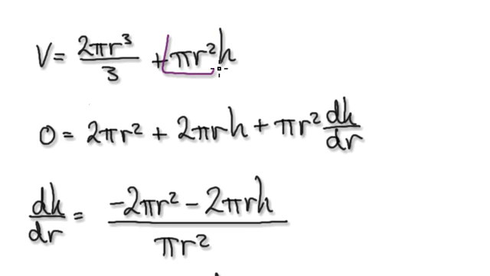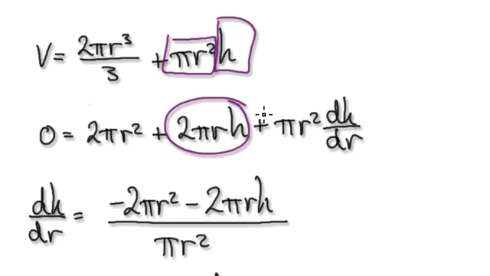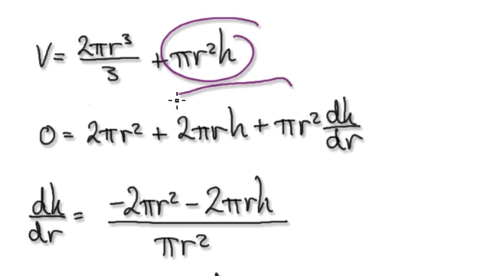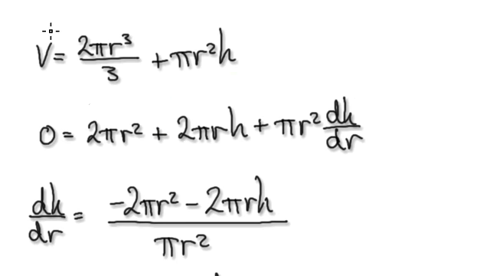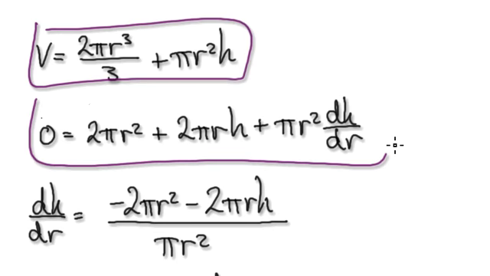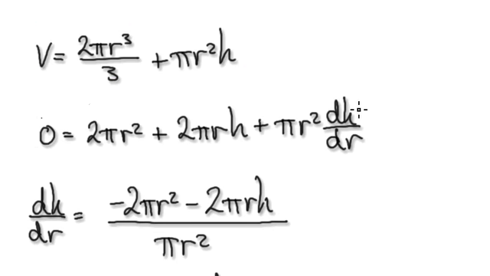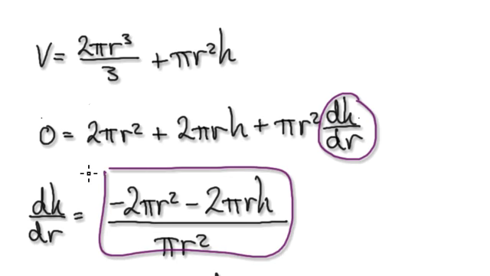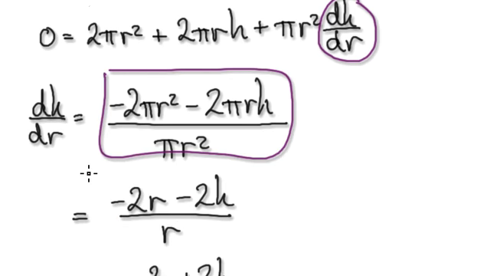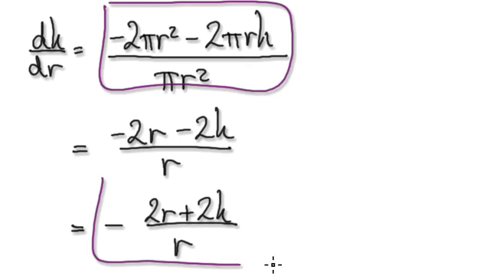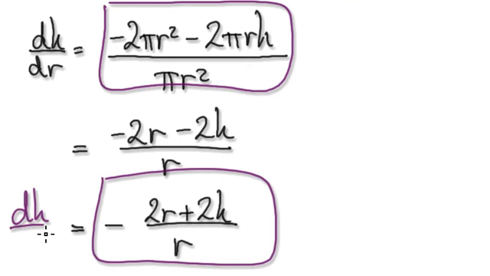So you've got to use a product rule here. Differentiate this, it will give you this. Differentiate this, it will give you this. Use a product rule on this, and it will give you this. Okay, so this will take you to here, and now make dh by dr the subject. It will take you to here. Tidy up, it will give you this. Okay, so dh by dr is given by this.